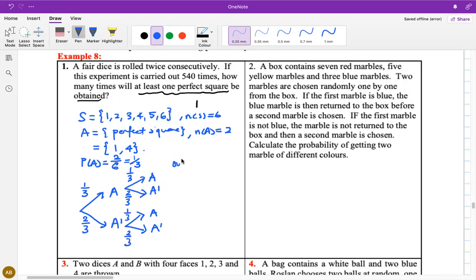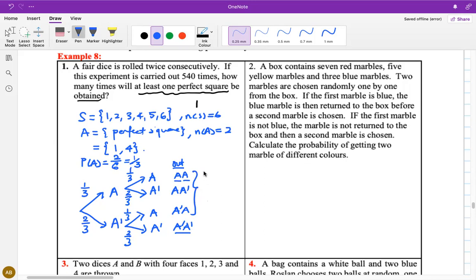The outcomes will be AA, both perfect squares; A and A prime, where the first roll is a perfect square and the second is not; then A prime, A; and A prime, A prime. A prime, A prime means there is no perfect square. So this is the outcome that we want.